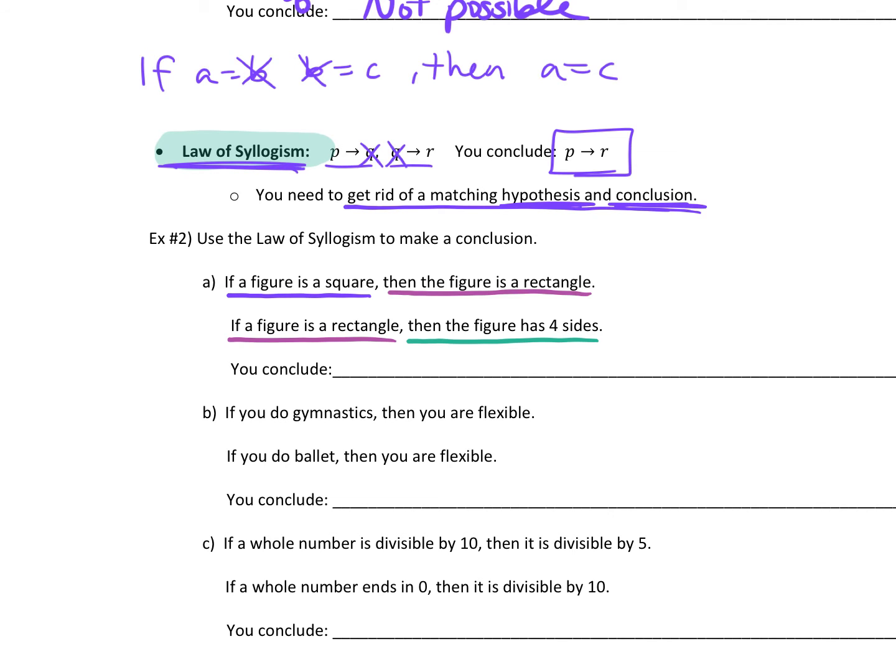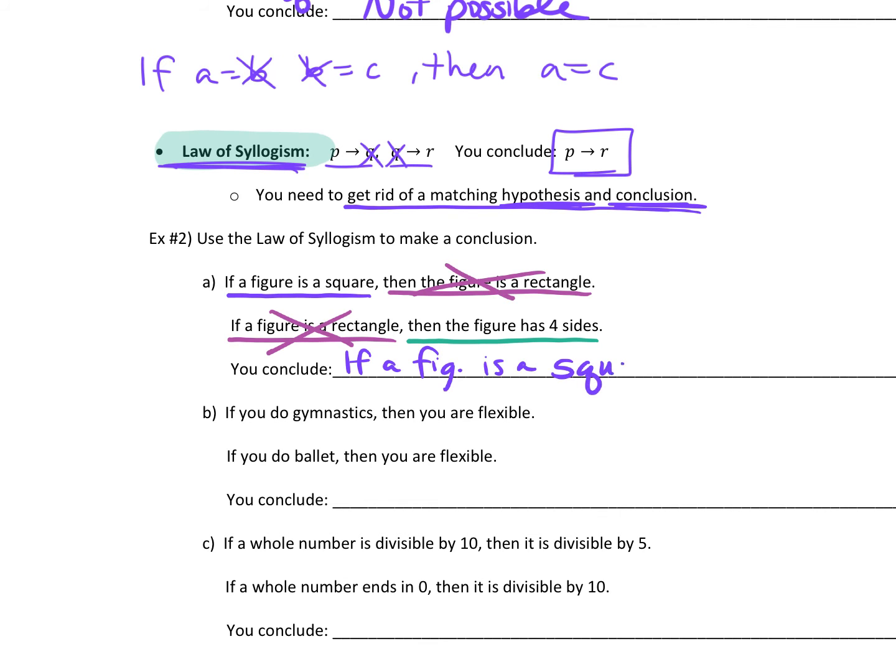The rectangle, right? I showed you in my color coding. So you get rid of them. And the statement you're left with is your conclusion as long as it's an if-then statement. So is this an if-then statement when all is said and done? Yes. What does it say? If the figure is a square, then it has four sides.